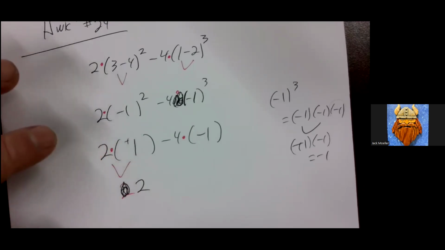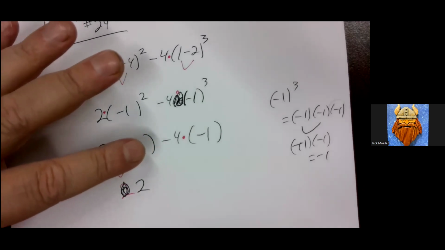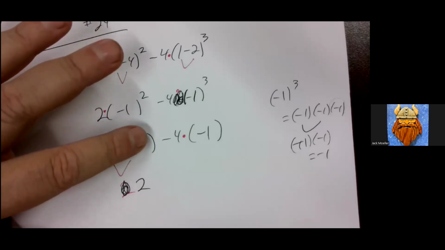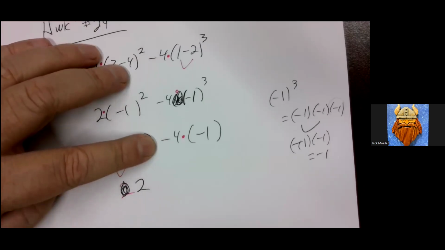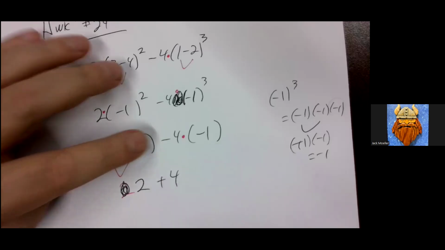Well, to make the problem more streamlined, my recommendation when you're doing a multiply in the middle of a word operation problem, cover up everything that's not involved in the multiplication. So when I look at that, yes, we could say that as subtracting 4 times something, but when we're multiplying, that's a -4 times a -1. Right, so negative times negative is positive. That would be 2 plus 4.